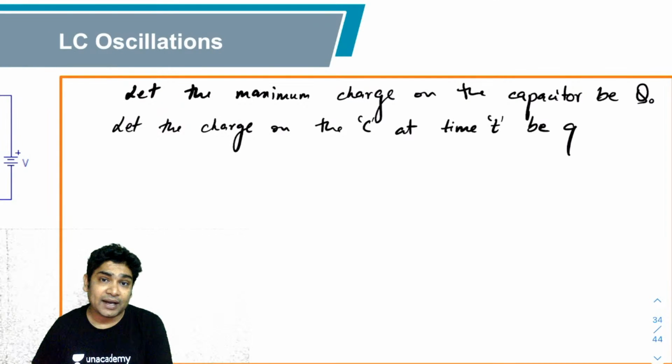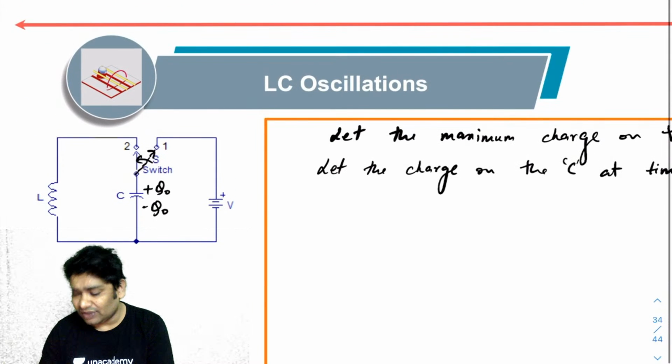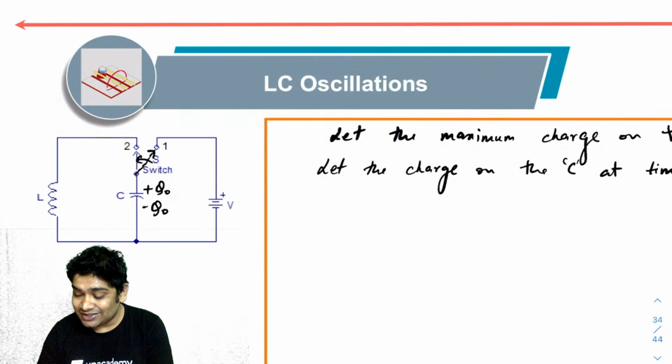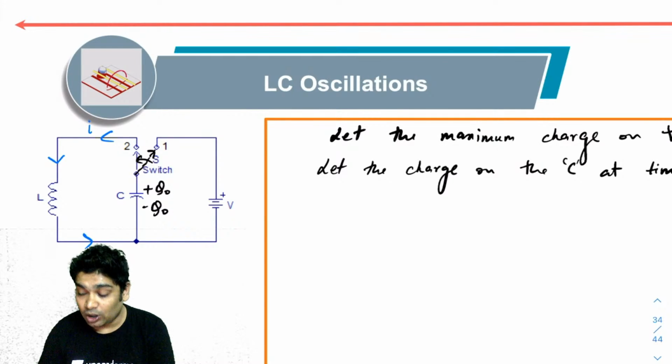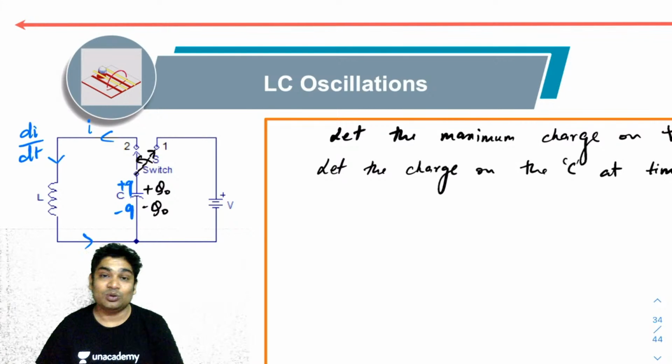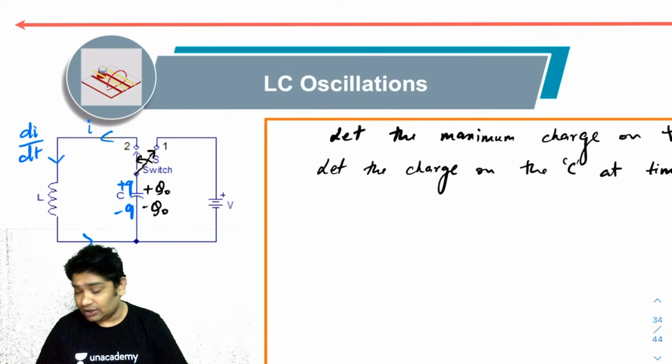So I'm assuming in some time it has discharged a bit, and it will be discharging like this. Let's assume that at this instant the current is small i, changing at a rate of di over dt, and the charge here is plus q, and here is minus q. So imagine at some time t, this is the situation of the circuit.